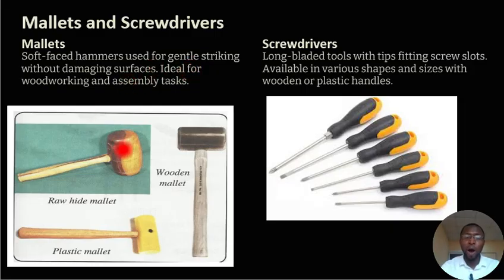You don't use it for very hard objects. You use it for gentle striking so that it does not damage the surface you are applying it to. It is ideal for woodworking and assembly tasks. There are different forms. We have the wooden mallet, the one where the head is made of wood.